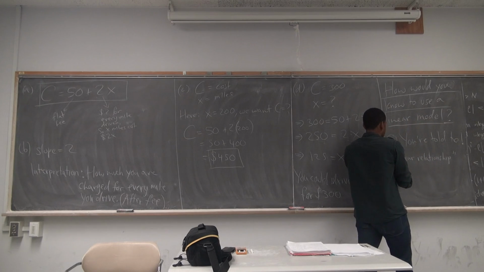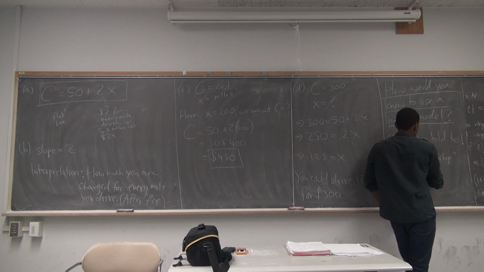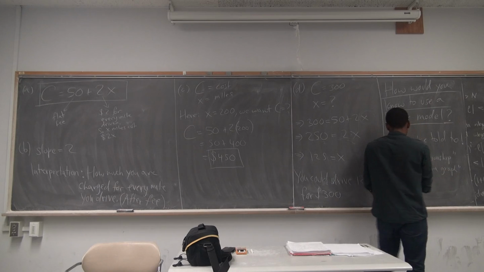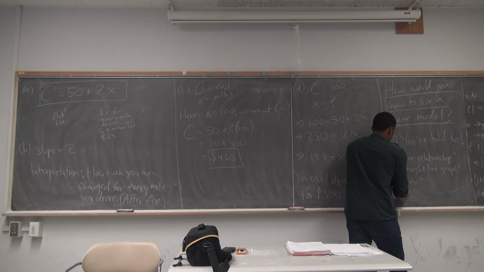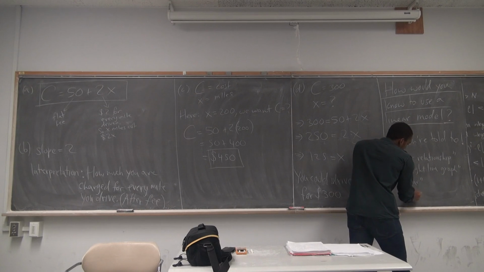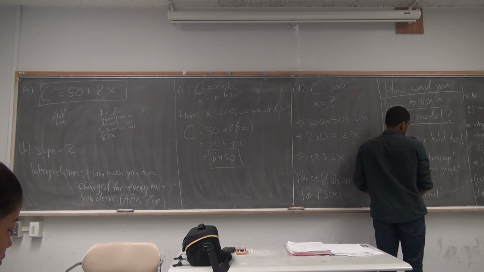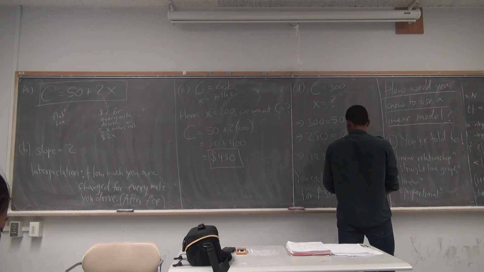I can tell you that it has a straight line. I could mention the word linear. I could mention the word proportional, which sort of means that it's a straight line that passes through the origin.